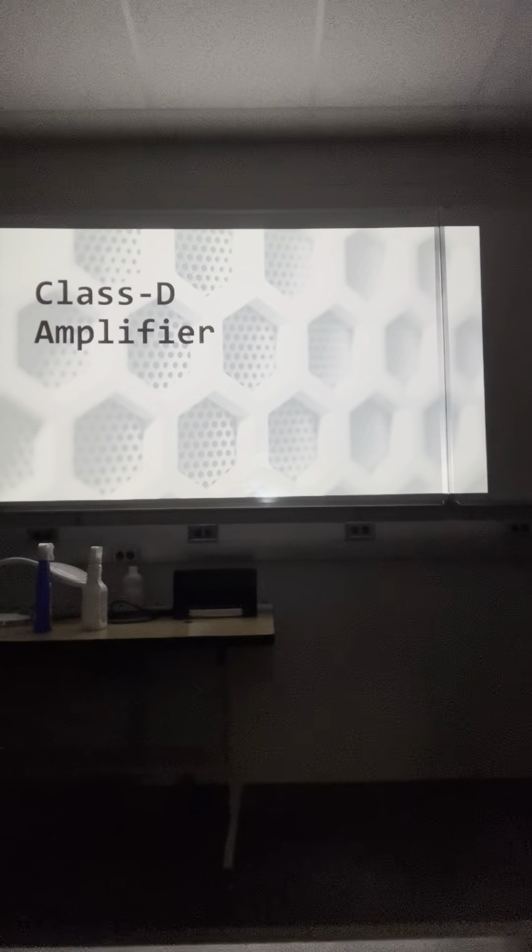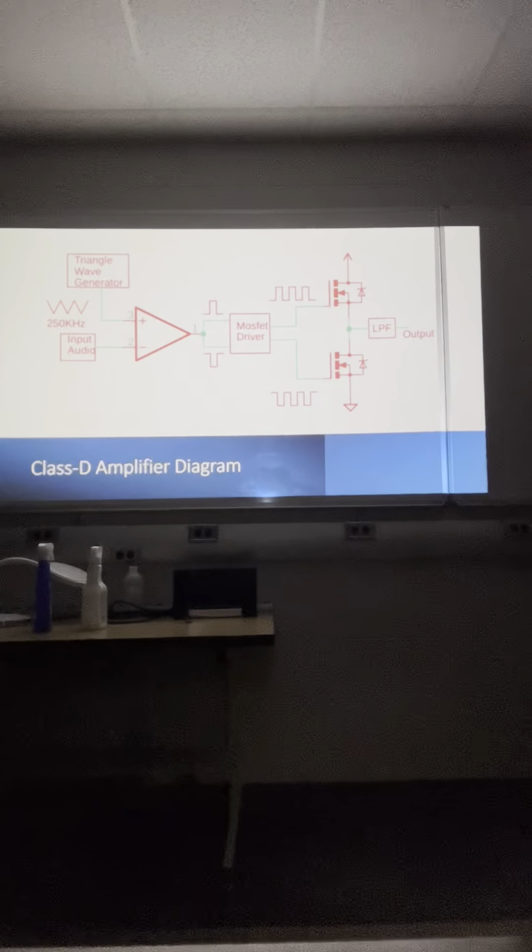All right. So now we're going to cover the Class D amplifier. This is going to be the amplification stage. So going over a high-level design, we're going to have a comparator that is going to compare the audio input with a triangle wave. Now we went ahead and made our own triangle wave generator. It uses a non-inverting Schmitt trigger mixed with a ramp generator. And then from there, it's going to output a PWM signal.